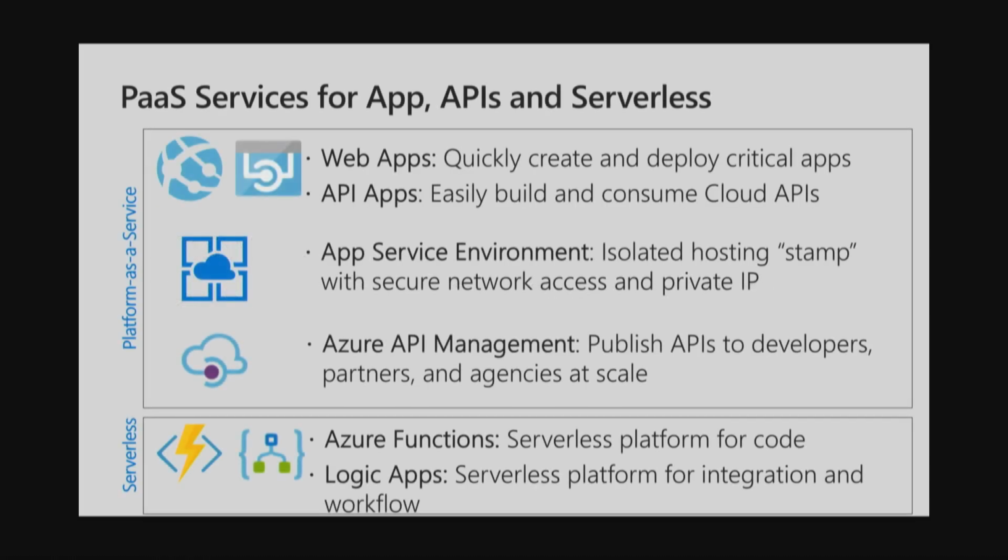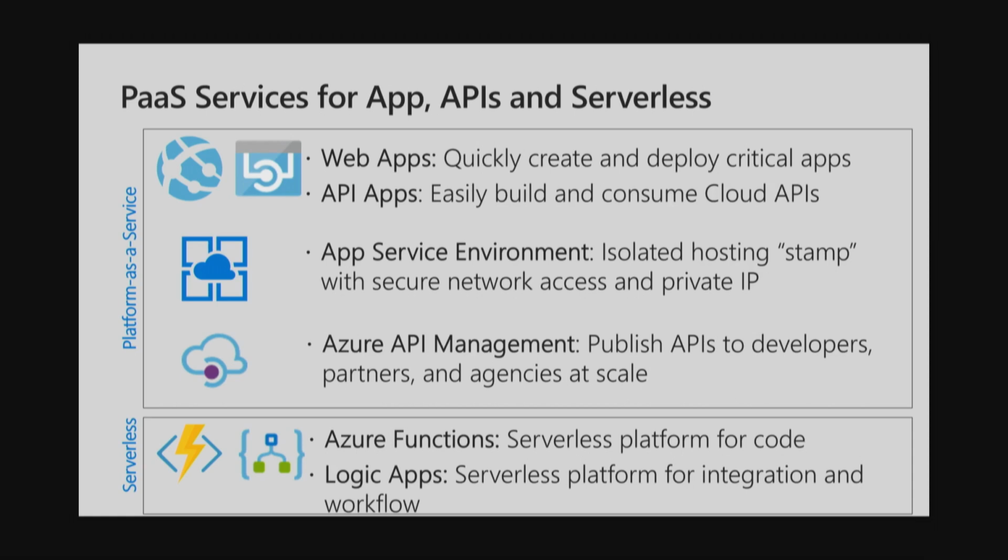Now, when we talk about the PaaS services for apps and data, we'll start with the PaaS services for apps, just so you can see the icons when I have them on the screen for the architectures, as well as when you're in the portal and you're wondering, what's this thing here? You can know that I told you about it.